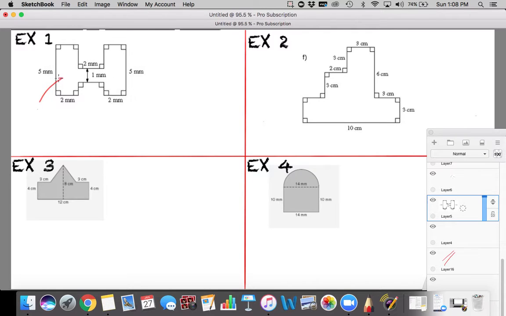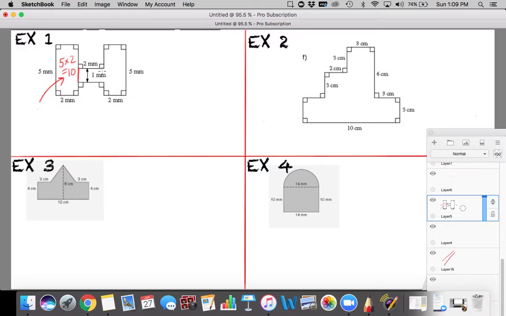So this rectangle right here has the dimensions 5 millimeters and 2 millimeters, the length and the width. So in order to find the area of a rectangle, we need to multiply 5 times 2. So we have 5 times 2 here, which equals 10. So the area of this rectangle on the left side is 10.